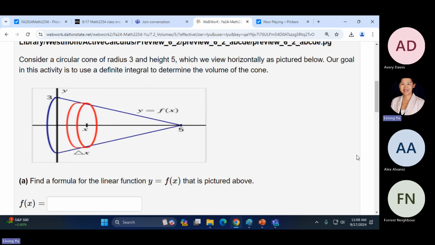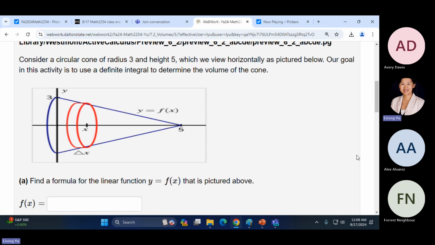Right, we have a circular cone of radius 3. Over here you can see that was 3. The height is 5. We're making the height the x-axis because that way we can see the disks. Every layer is a disk, so we're going to use the disk method. We consider the cone as a revolution about the x-axis.